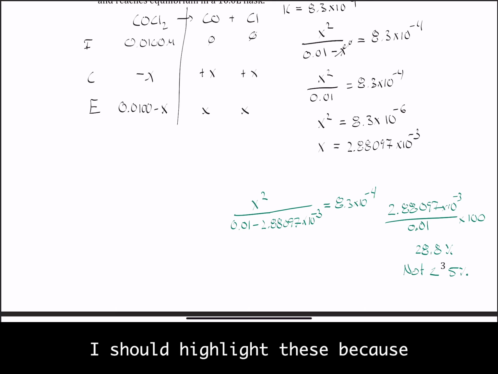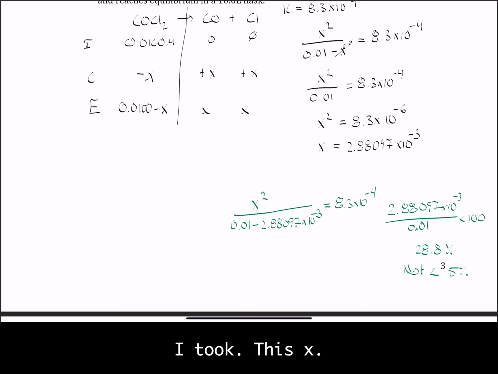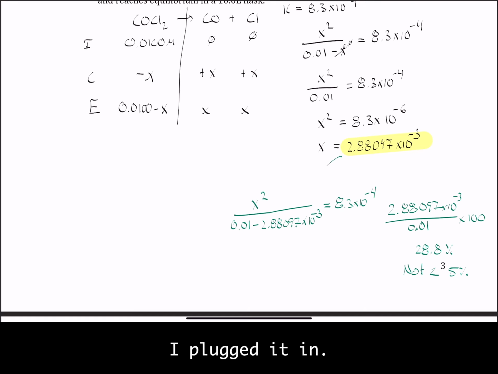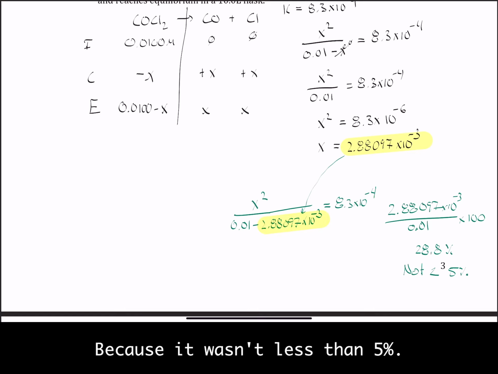Actually, I should highlight these, because I took this x, and because it wasn't smaller, I plugged it in for this x, because it wasn't less than 5%.